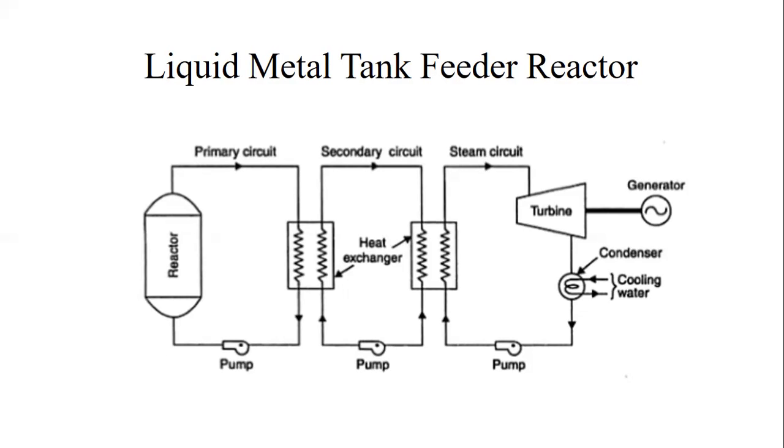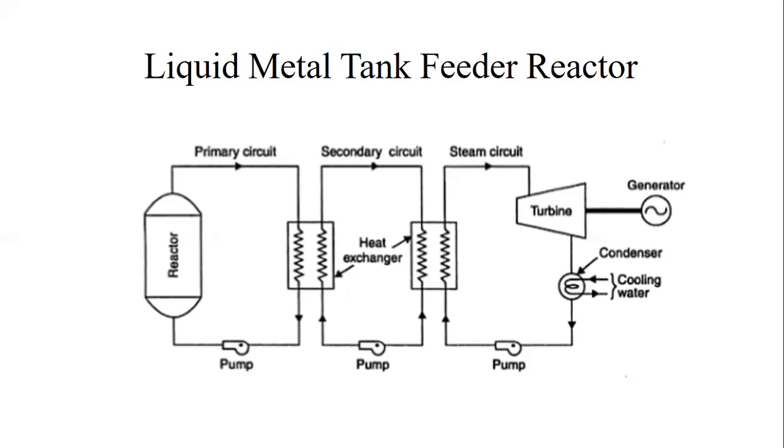Once again, that heat is exchanged with the help of the secondary circuit or intermediate loop with the help of a coolant. And finally, the heat is extracted from the coolant in the third cycle, which will be supplied to the turbine.